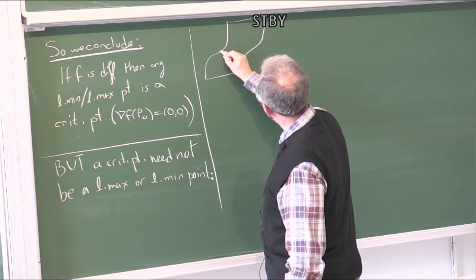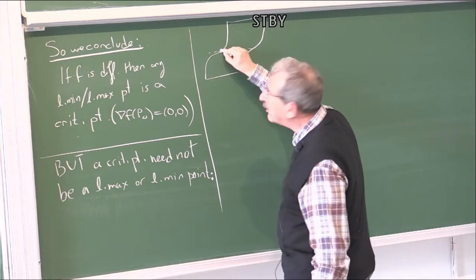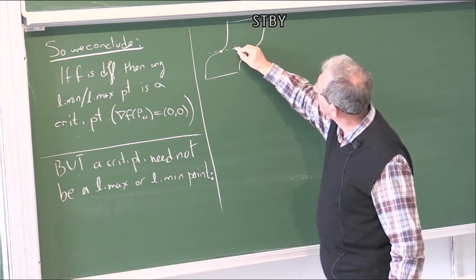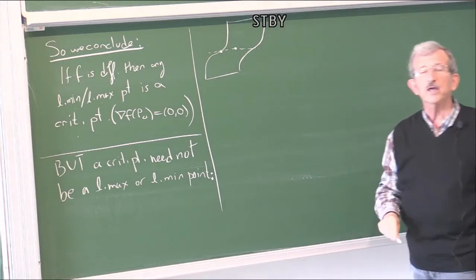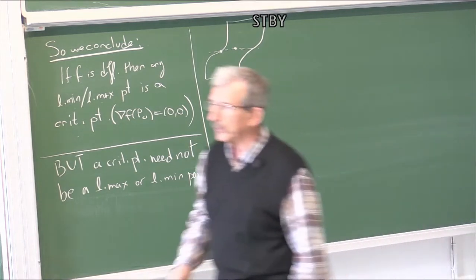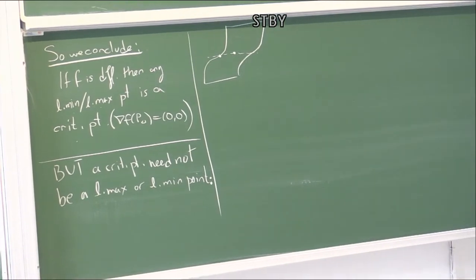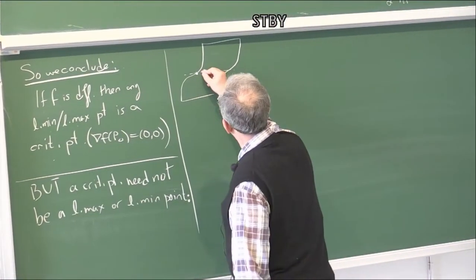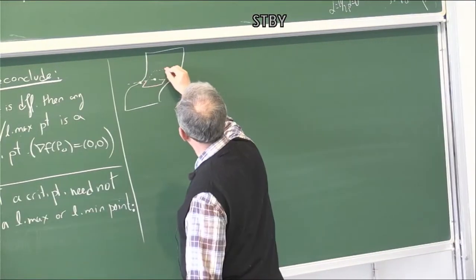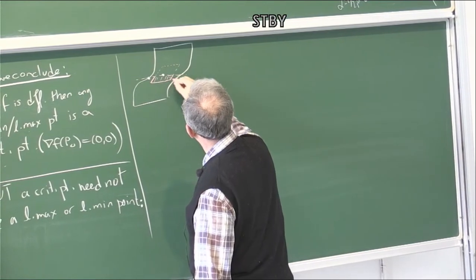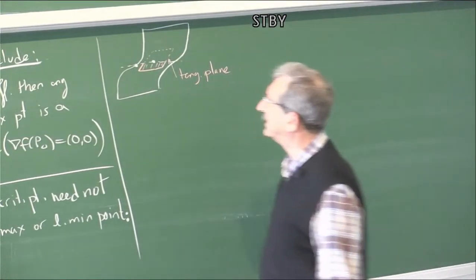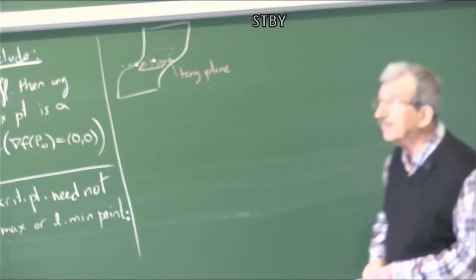Now, exactly at the point where we had 0, consider any point here. Now, sketch the tangent plane. It would look like the following, and of course, it's horizontal.